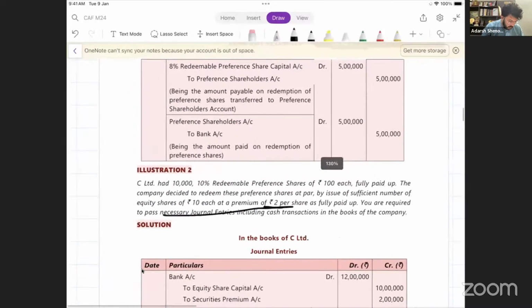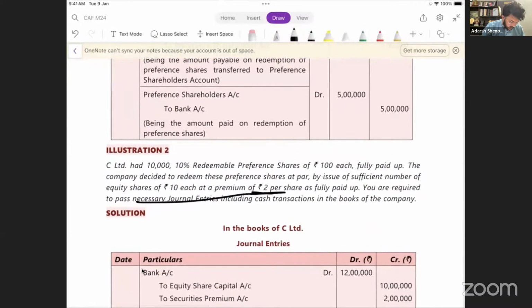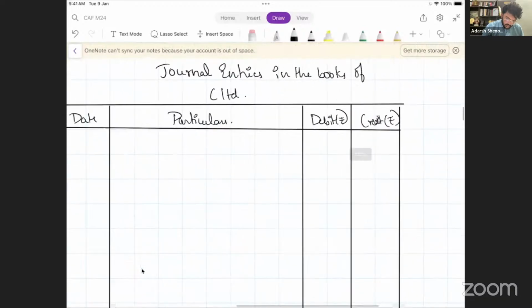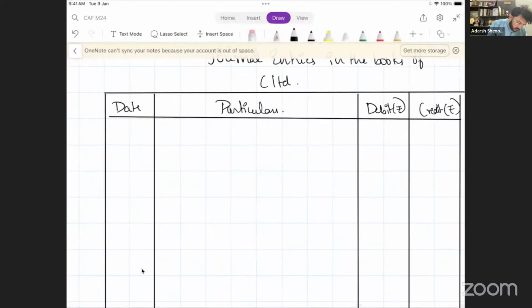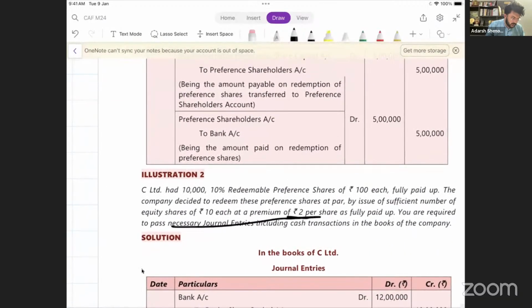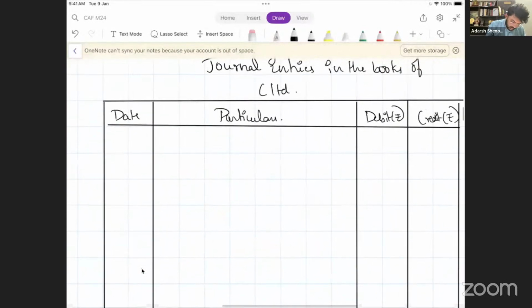Let's start with this. C Limited had 10,000 10% redeemable preference shares of 100 each fully paid up. So the journal entry for first, the announcement. What is the name of the preference capital? 10% redeemable preference shares.